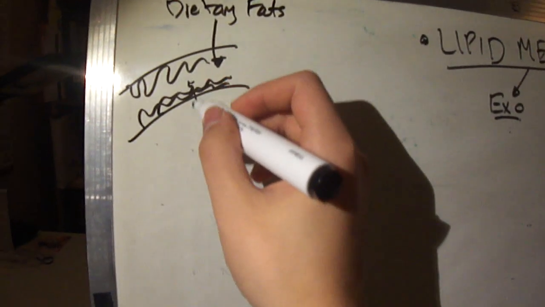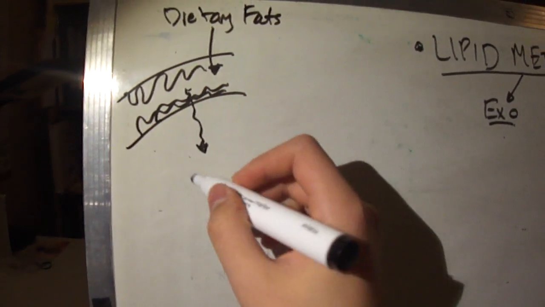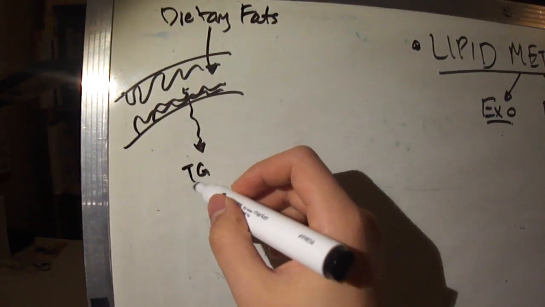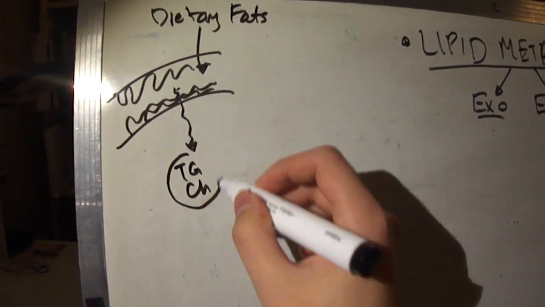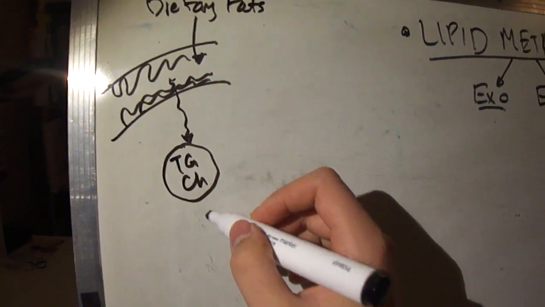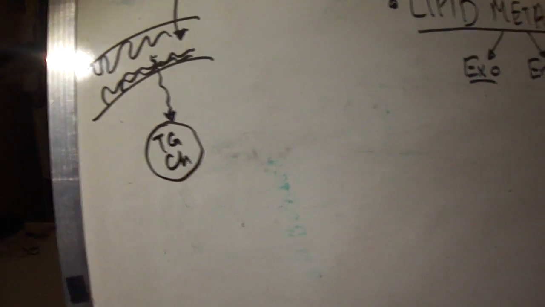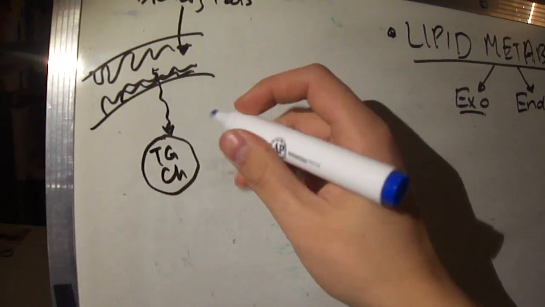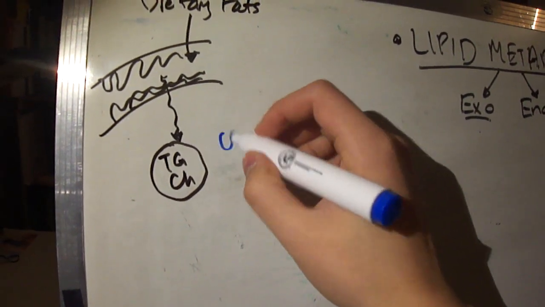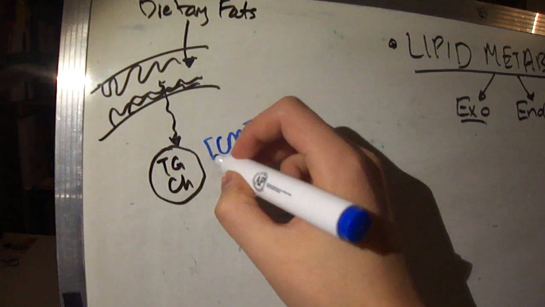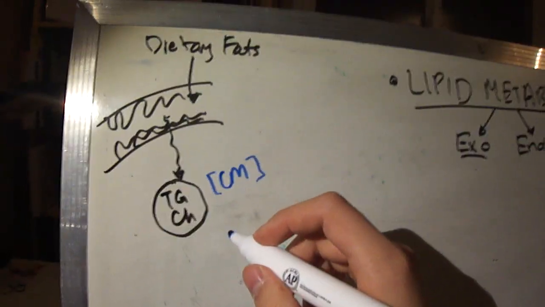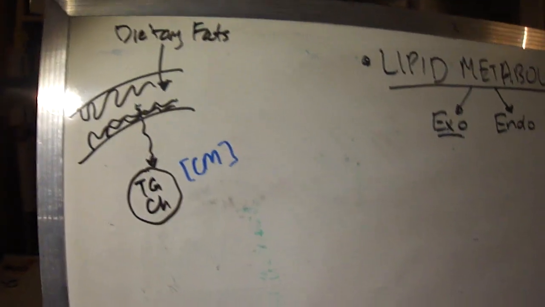The intestine packages those fats, like the triglycerides and the cholesterol, into a particle, and that particle is called the chylomicron. All the particles that I'm going to talk about, I'm going to write in blue.